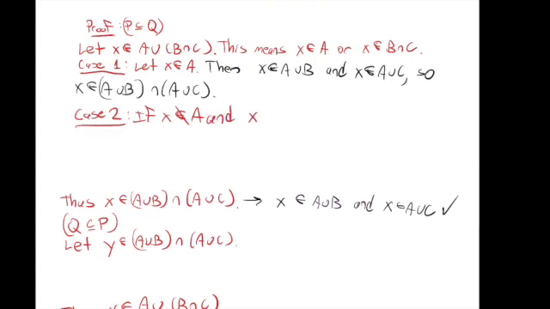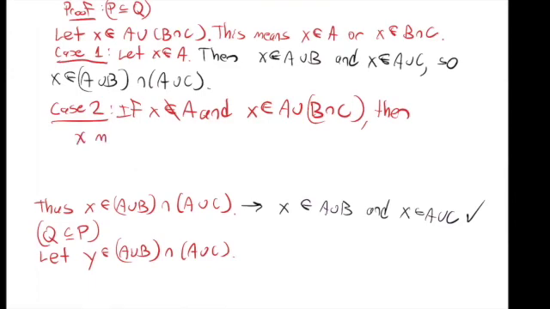So if we've got that X is not in A, but we've assumed from the get-go that X is in A union B intersect C, that tells us that it has to be in the other set, B intersect C. So that tells me that X is in B and X is in C.